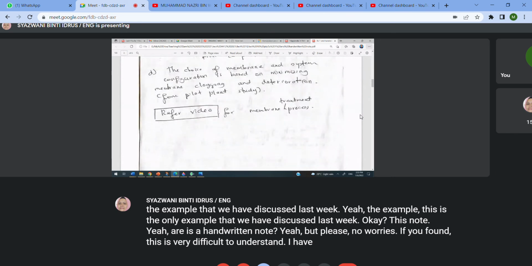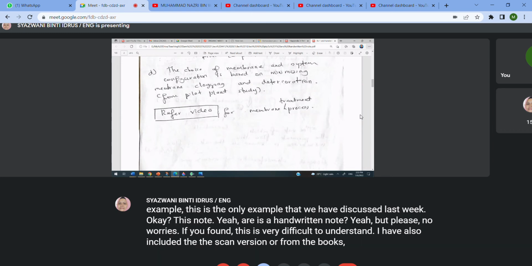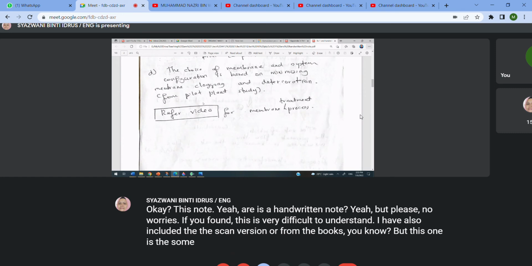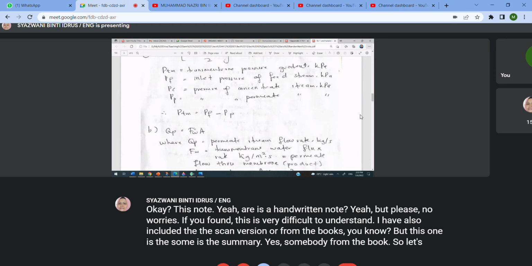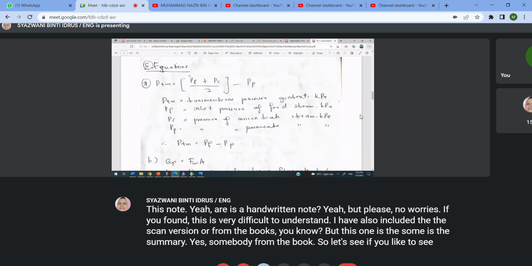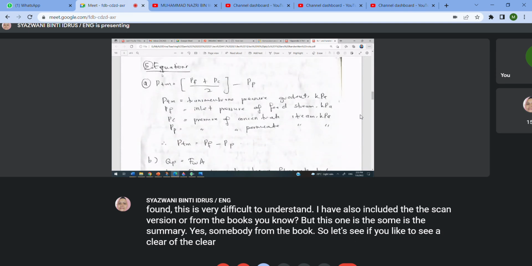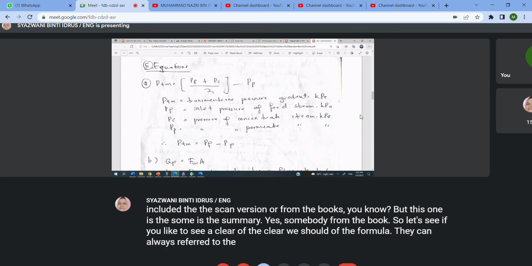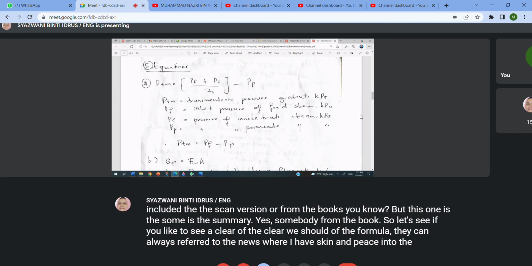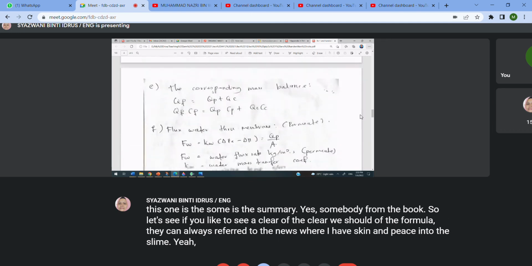I have also included the scanned version from the books, but this one is the summary from the book. So if you would like to see a clear version of the formula, then you can always refer to the notes that I have scanned and pasted into the slide.